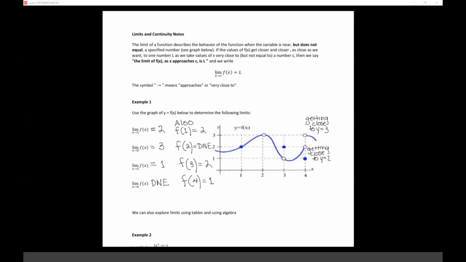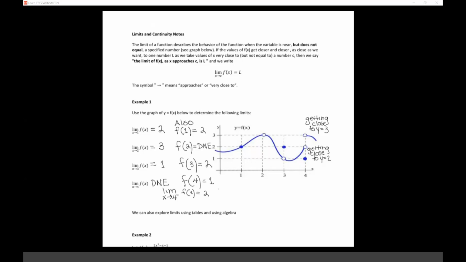There is actually some notation that would tell you you're approaching it from the left or the right. The way I would write this, I'd say the limit as x approaches 4 from the negative side, that's the left side, left of 4, of f of x equals 2.